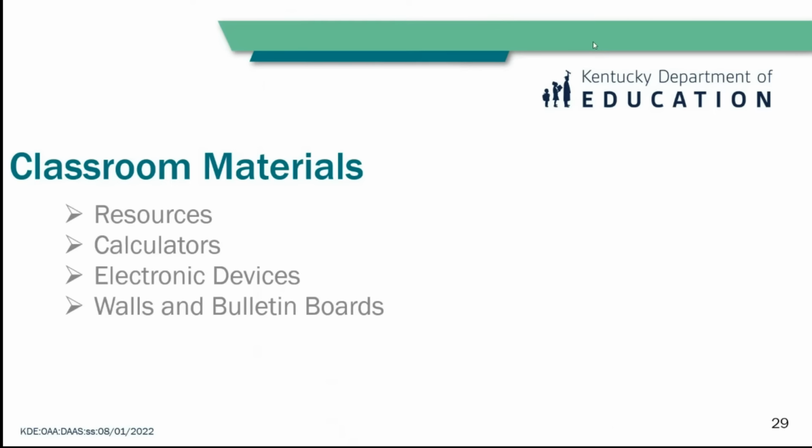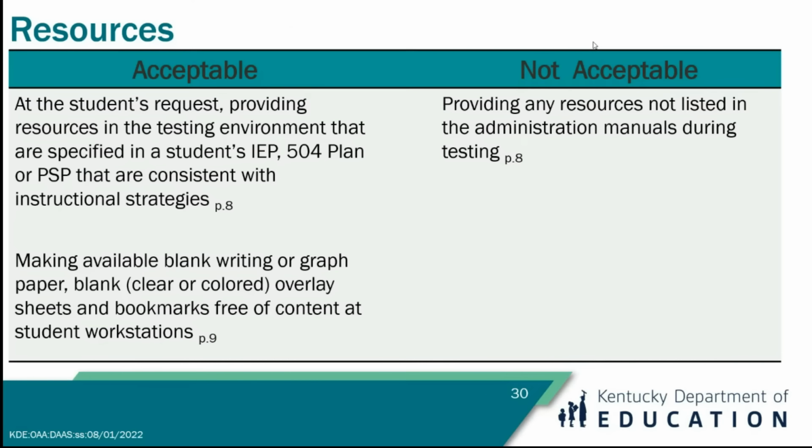Resources and materials available to students during testing are dependent upon the assessment. Please check the Test Administration Manual for further guidance on what should be at a student's workstation during testing. During an assessment, test administrators shall not distribute, make available, or attach to students' workstations any information or materials that are not sent as part of the assessment materials or specified in the Test Administration Manual or a student's plan.